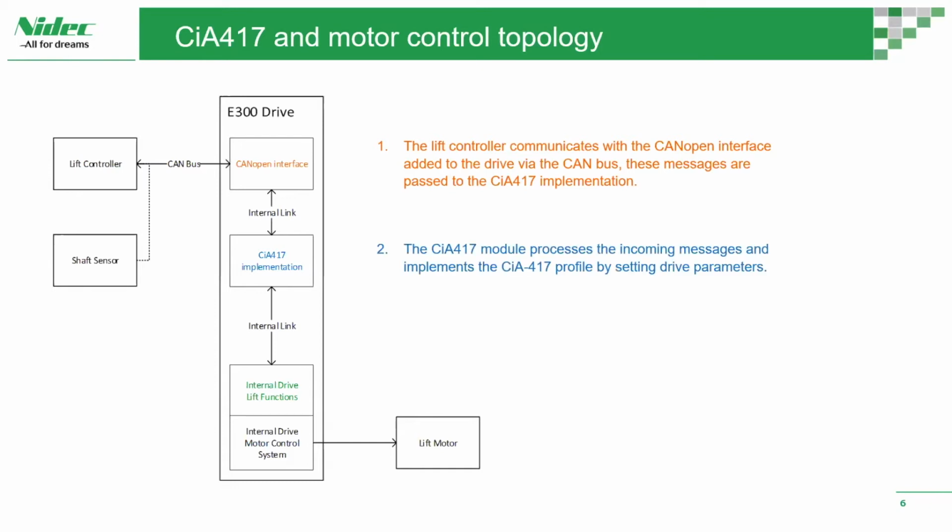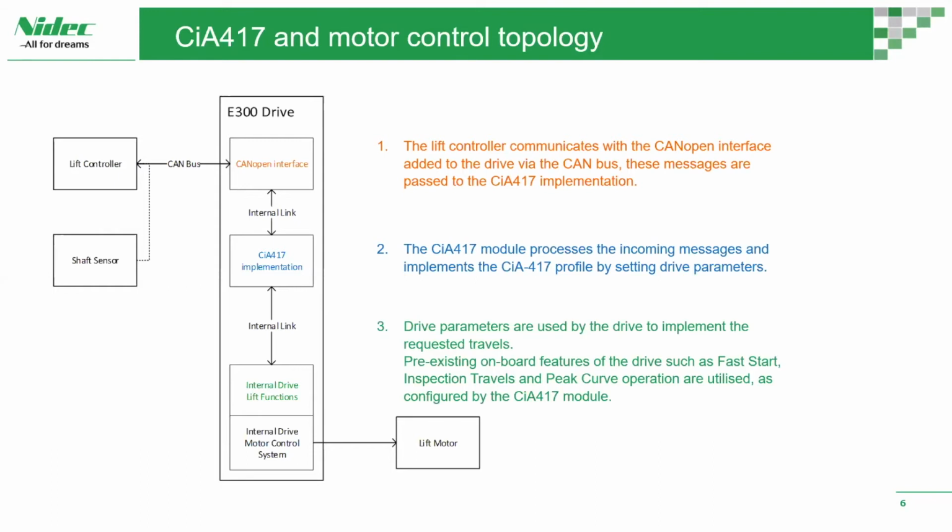The CiA 417 implementation processes incoming messages from the lift controller and then implements the CiA 417 profile by setting and changing the relevant drive parameters within the drive. The drive parameters are used by the drive to implement the requested travel.